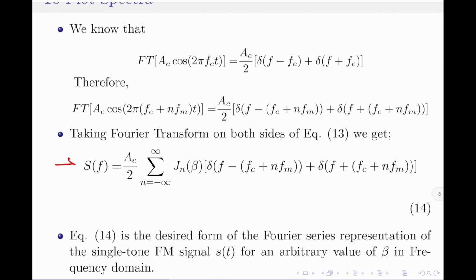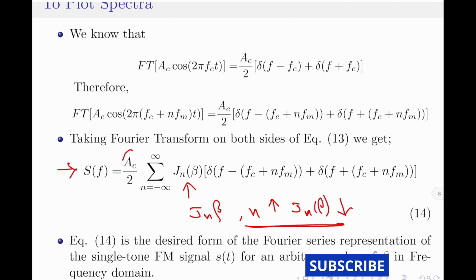Coming back to equation 14, which is the frequency domain representation of the frequency modulated signal, note that we have J_n of beta. The property of J_n of beta is such that as the value of n increases, J_n of beta decreases. This is a very important property to note. Before I move on to the spectra, I want you to note that the amplitude of this signal is A_c divided by 2.